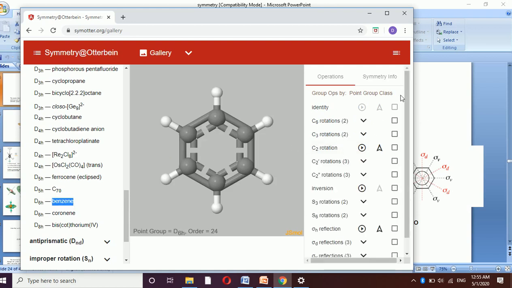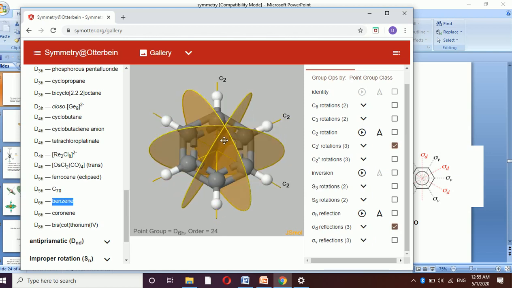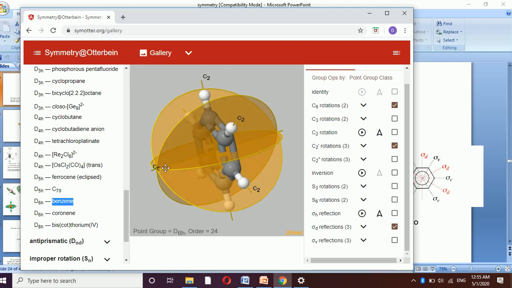Yeah, so we are going to represent the dihedral planes. You see the dihedral planes. These are the dihedral planes. All these three dihedral planes bisect the C2 axes which are perpendicular to the principal axis.